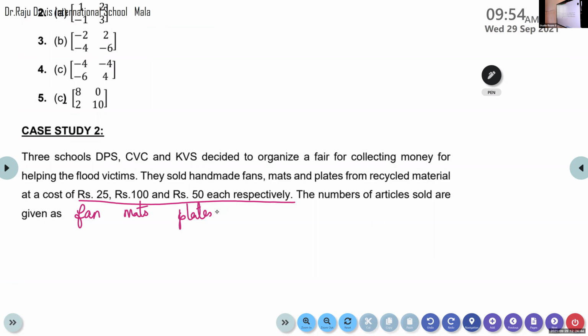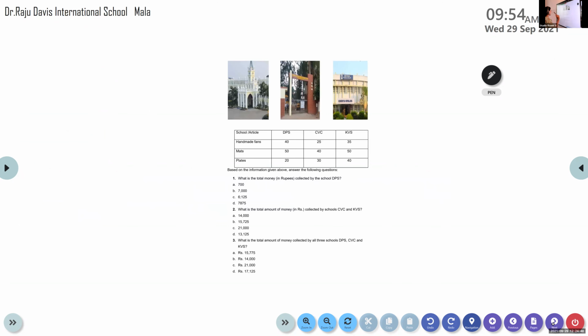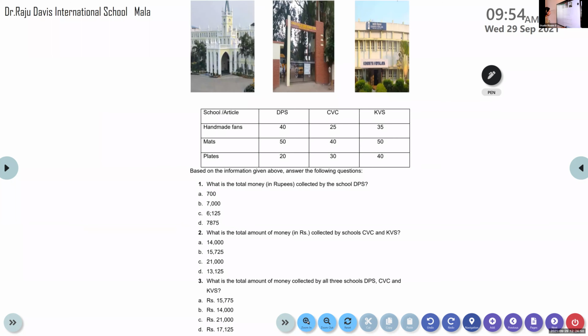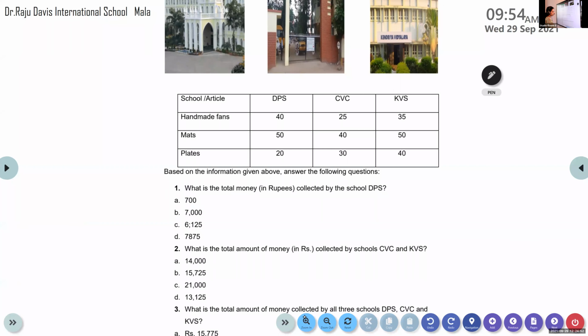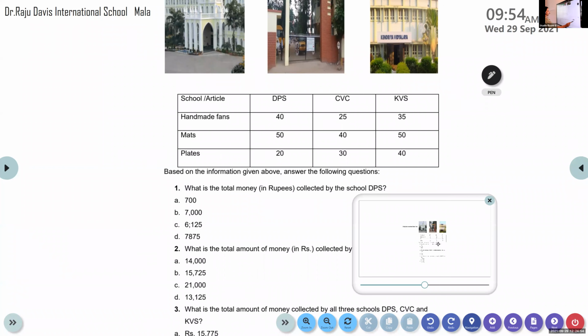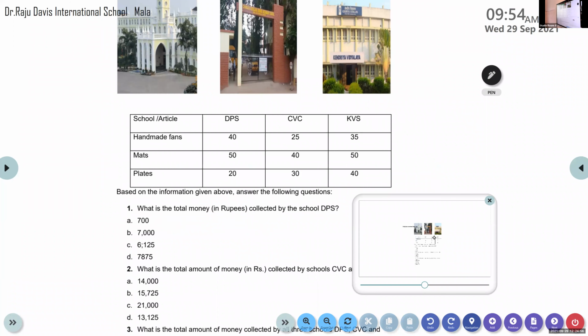The number of articles sold are given in the next page. Look here. DPS means Delhi Public School. You might have heard about the school names. CVC means Chinmaya Vidyalaya, and KVS means Kendriya Vidyalaya. Know all these names?